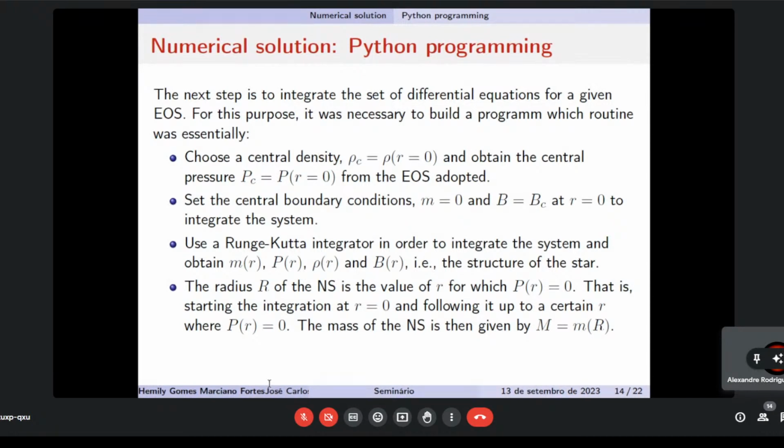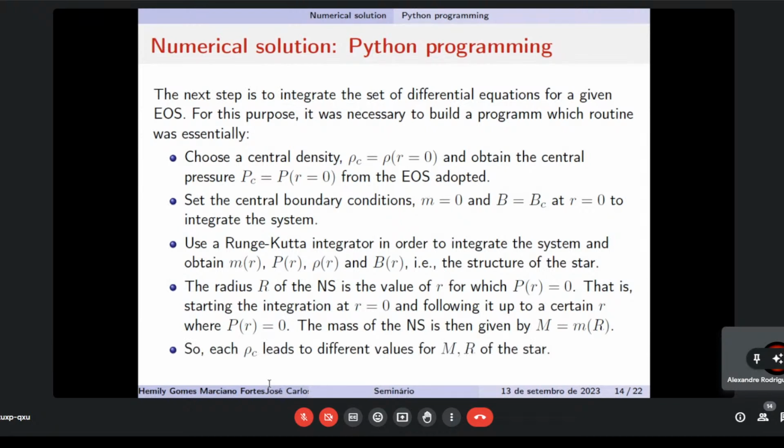That is the point when you say, oh, we have the radius of the star. And the mass of the neutron star is then given by the function m, evaluated on this value found for the radius.